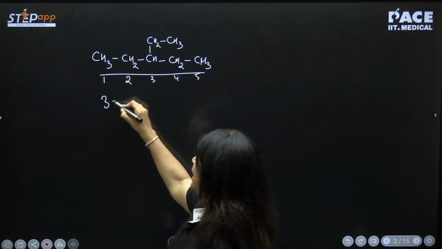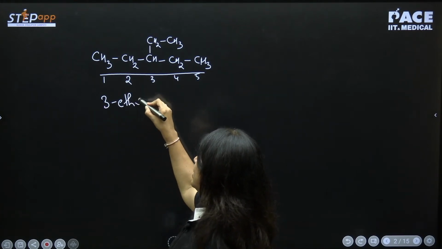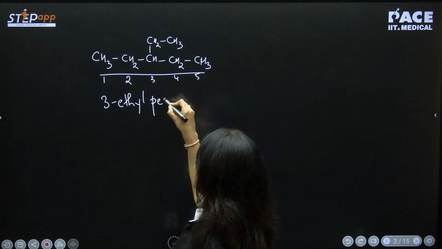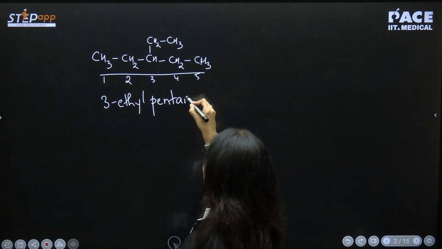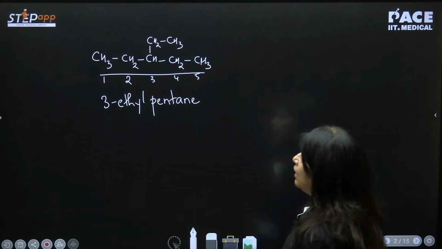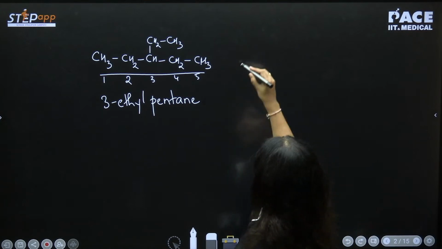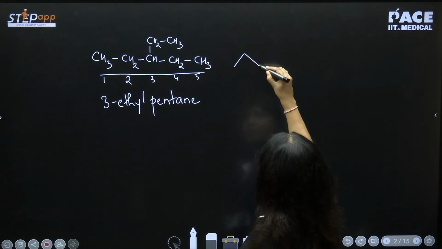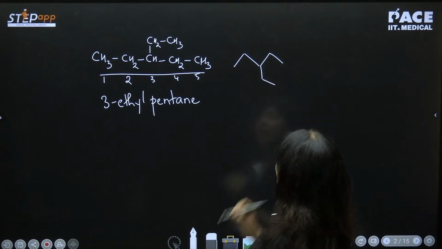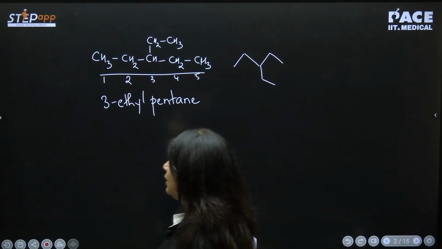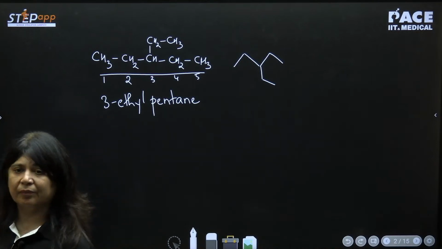The ethyl group lies on the third carbon. So it is 3-ethyl pentane. Bond line for this: there are 5 carbons, and the third carbon has an ethyl group. So 3-ethyl pentane.